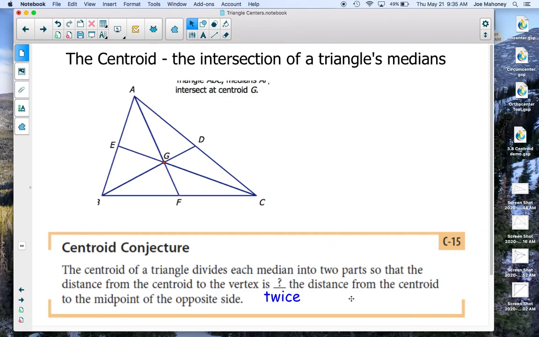I like to also say that this is a 2-to-1 ratio. So the distance from the vertex to the centroid to the midpoint is a 2-to-1 ratio. So that concludes our triangle centers: the incenter, circumcenter, orthocenter, and centroid.